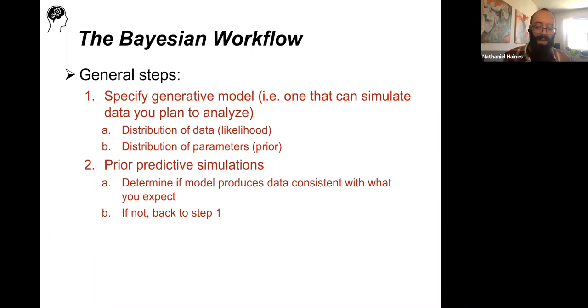And again, I know it's abstract, but we'll get to an example of where this is really important in our application today. If we simulate some data from the model and it looks totally unlike what we would expect, then we go back to step one and rethink what we're doing.